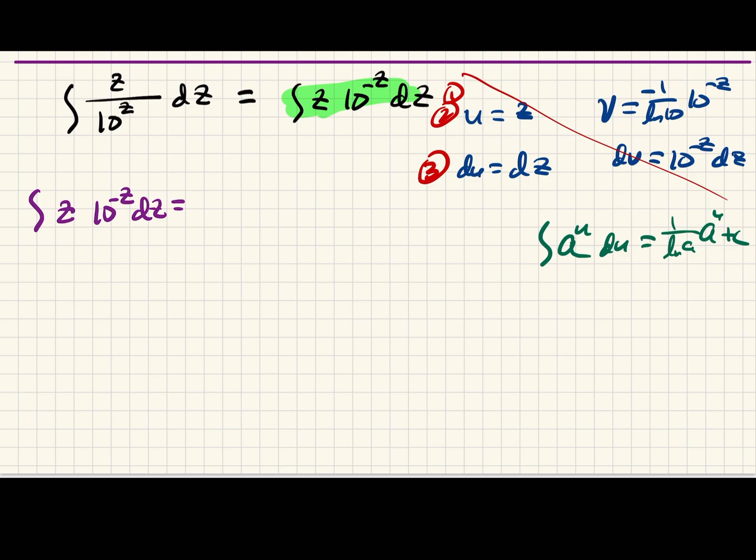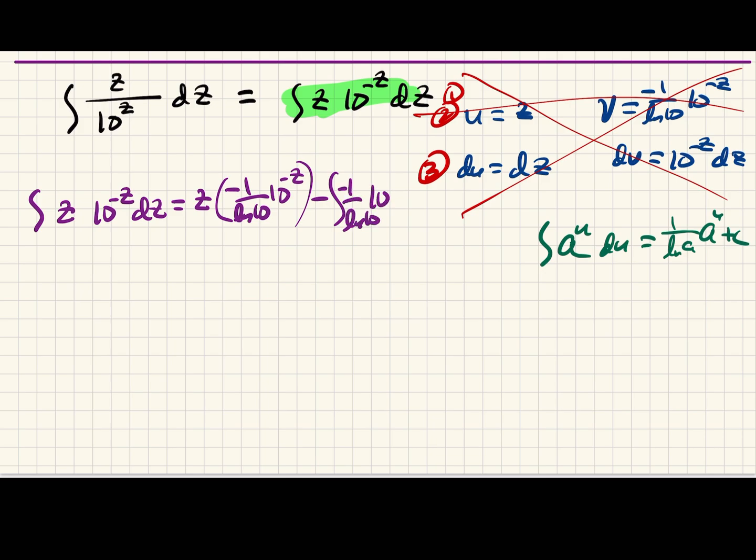All right, so that's going to equal, straight across the top, z times minus 1 over natural log 10, and then 10 to the minus z, minus integral minus 1 over natural log 10, 10 to the minus z dz.